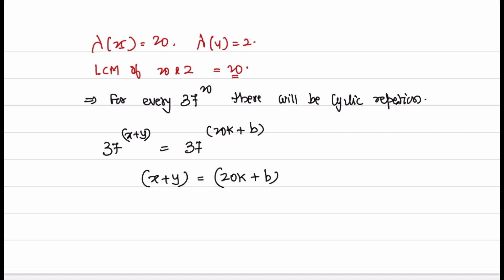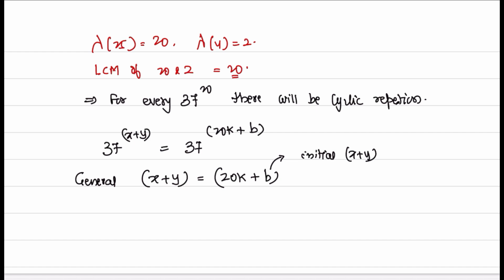Because it is multiples of 20, it is getting repeated. b is the initial x plus y. So the general x plus y is equal to 20k plus the initial x plus y.